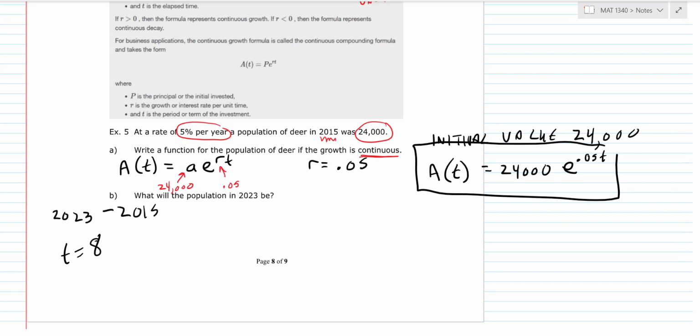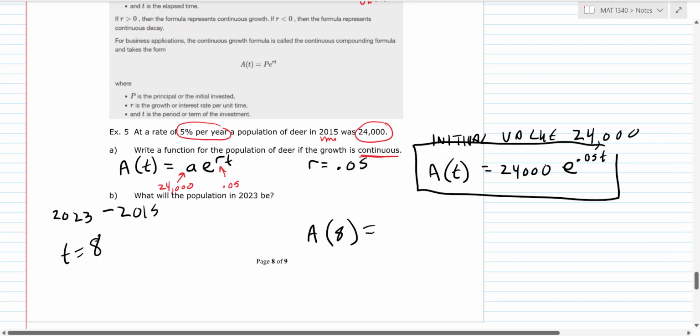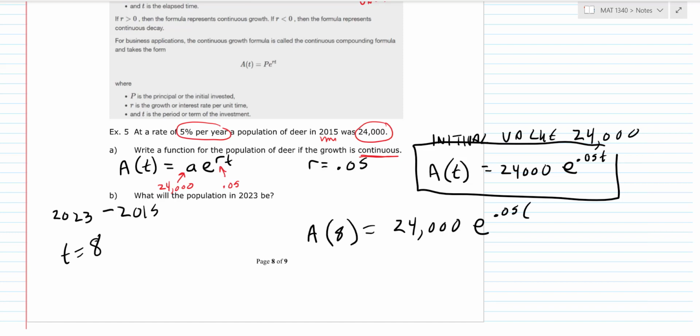They tend to follow exponential models. Okay, so what we would do is we're going to do A of 8. So we're just going to take our answer to part A, but we're going to replace the time with 8. And then we're going to put this in our calculator.